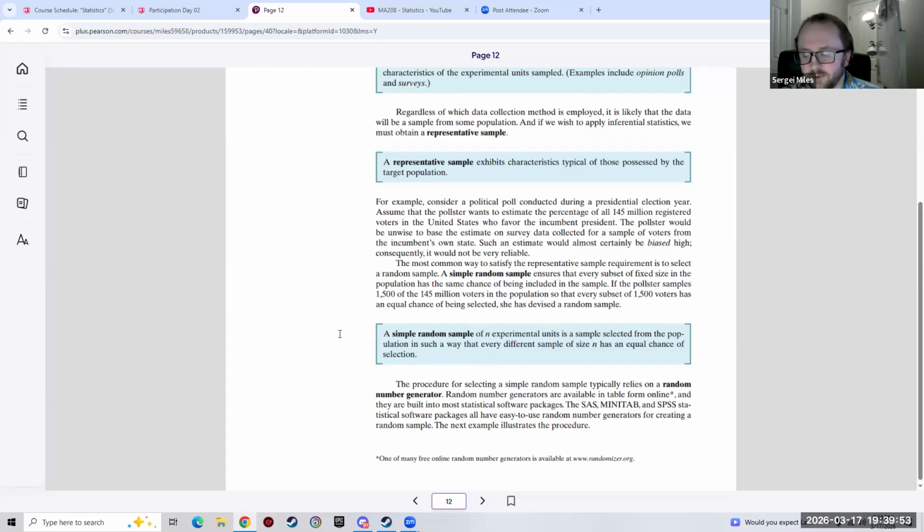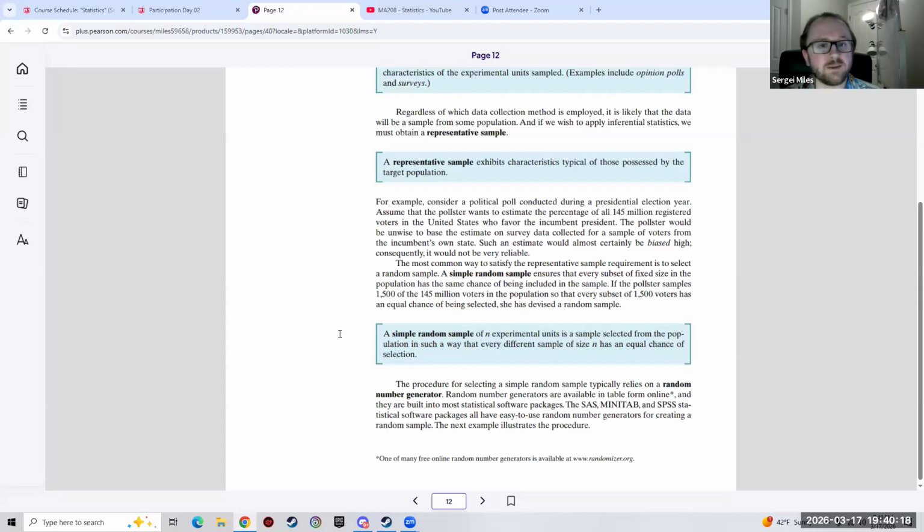But if I pick randomly 100 students, well, now the chances that all 100 are going to be randomly selected to be all men is becoming more unlikely, right? So the larger the sample size, with the randomness, helps guarantee that my sample is most likely going to be representative the way we want it to be.